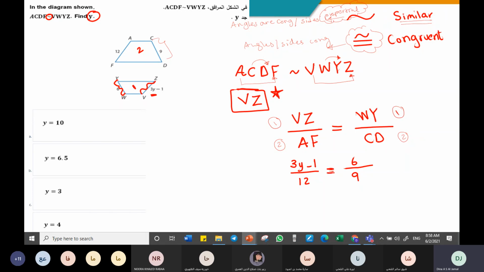I'm having a proportionality, similar to the question that we just solved. What shall I do? Cross product. But pay attention, I'm having an expression. So from the beginning, put brackets here. So that means 9 multiplied by 3y minus 1 equal to 6 multiplied by 12. Distributive property.